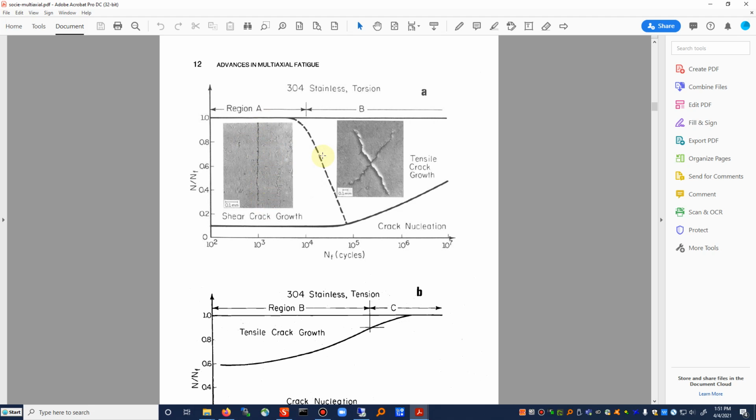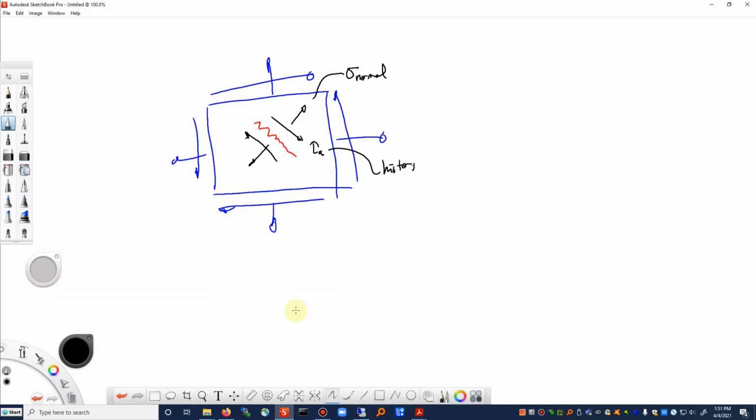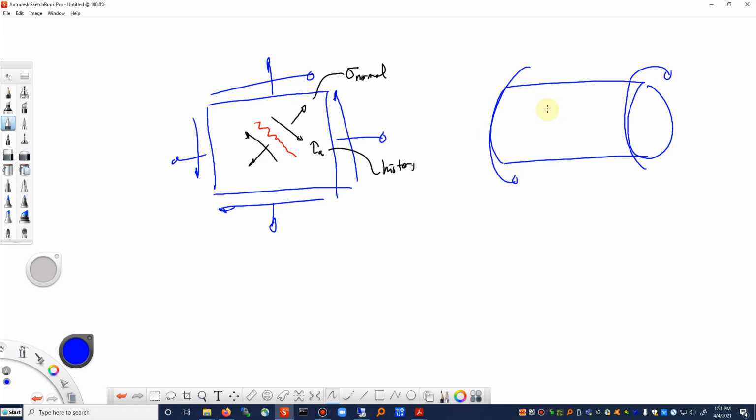Let me see if I can go back to my sketch pad. Now I may have the direction of the orientation of the specimen incorrect, but it wouldn't affect what's going on with the cracking plane, because if we have our tube like this and we have it in torsion, the maximum shearing planes are going to be both up and down and this way.